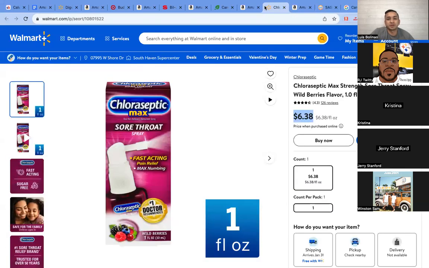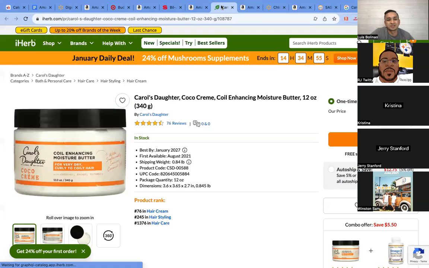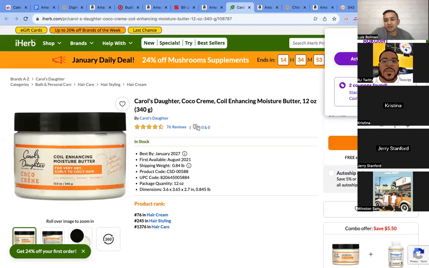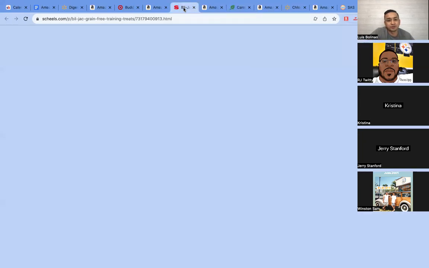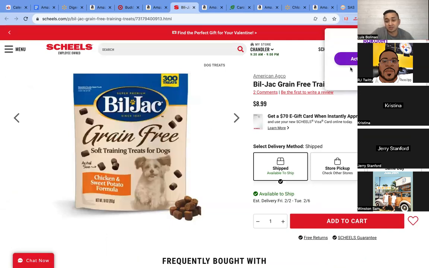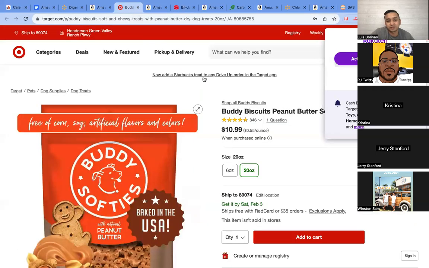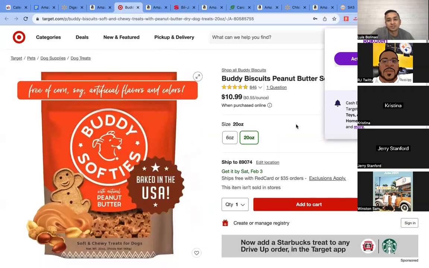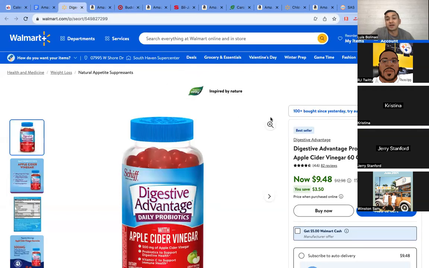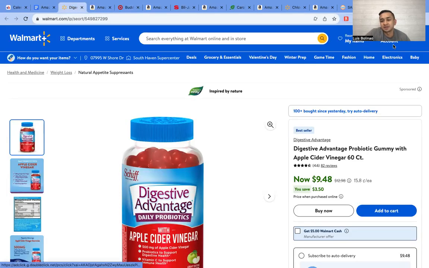So here's some examples, right? Medications, moisturizers, lotions, shampoos, dog food is very popular. Dog food, cat food, groceries are good too. Groceries, multivitamins, supplements.